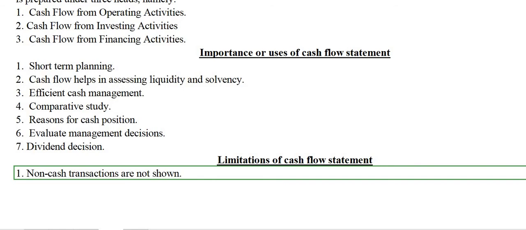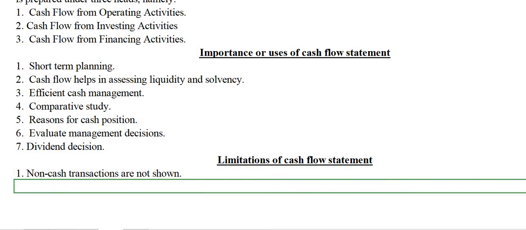The performance of a business is affected not only by cash transactions; various non-cash transactions also affect it. So to analyze a particular business completely, we should be aware of both cash and non-cash transactions, but here non-cash transactions are not shown. That is one of the most important limitations.